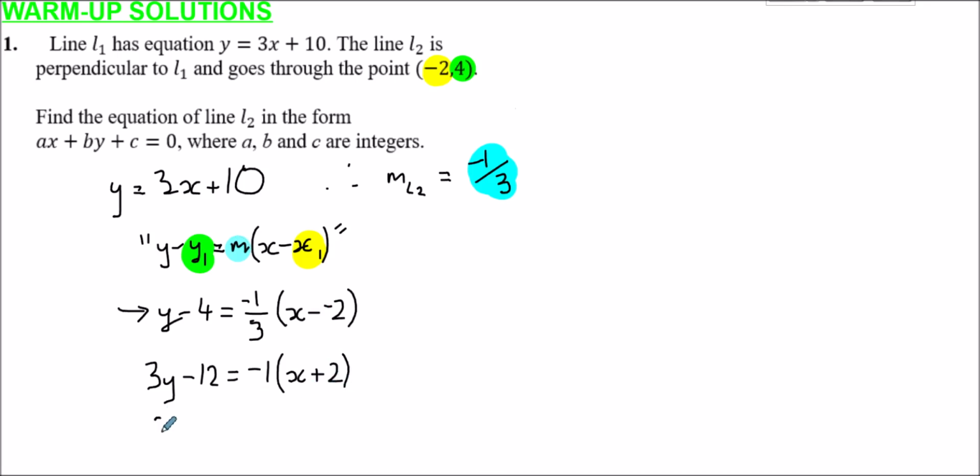Expand out the brackets, so 3y minus 12 equals minus x minus 2, and then we can now rearrange this by adding the x and a 2 to both sides. We get therefore that x plus 3y, and then minus 12 plus this 2 gives us minus 10, equals 0.